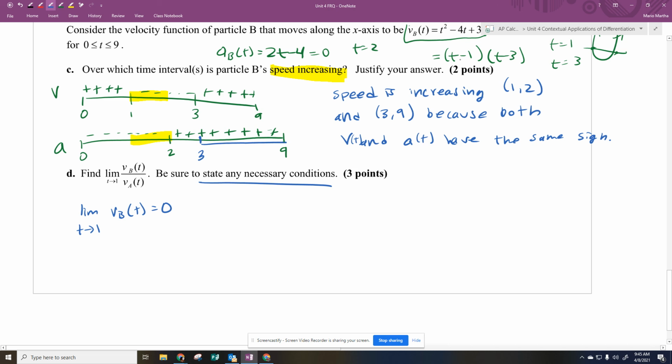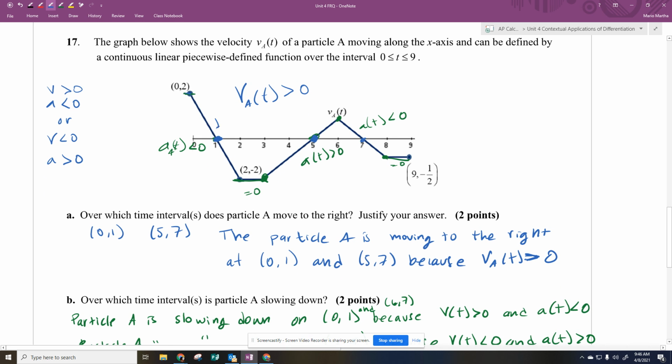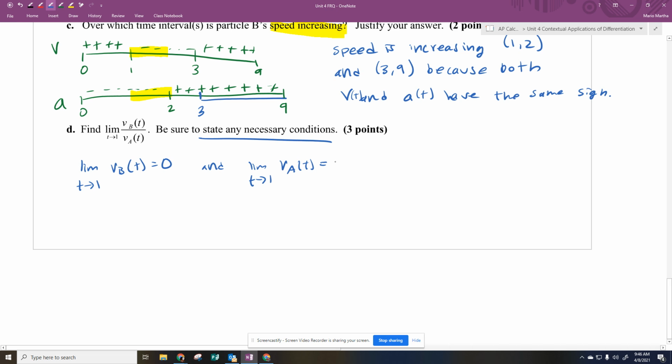If I plug in 1, it's one of the zeros, so I know for sure it's equal to 0. And the limit as t approaches 1 of v sub a of t, let's see where that goes, from the graph, approaches 0 as well. Since both of them approach 0, we get an indeterminate form, so we can say, therefore, L'Hopital applies.